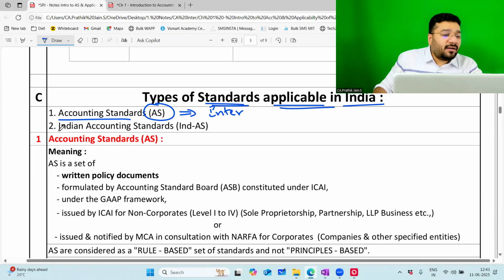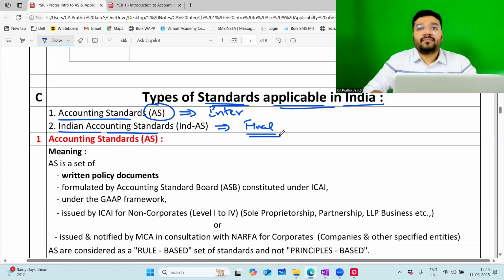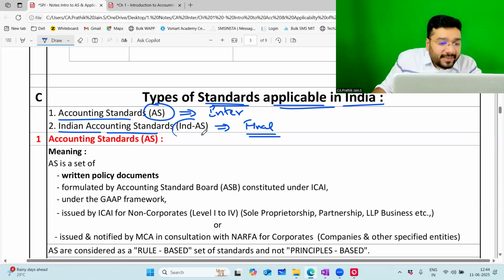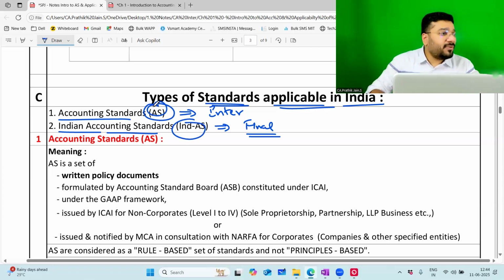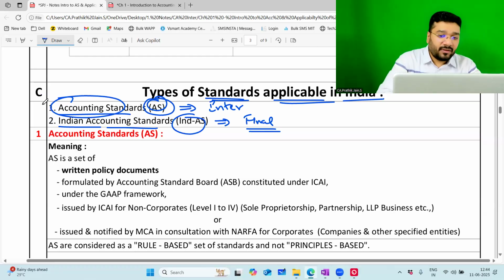Next is the understanding and applicability of Ind AS. All this Ind AS is covered in your final level. But definitely now we will try to understand what is Ind AS, what is AS, and what is the difference between the two. And then after this, we'll understand accounting standards on the whole. Ind AS we'll study in the next level, which is CA Final.